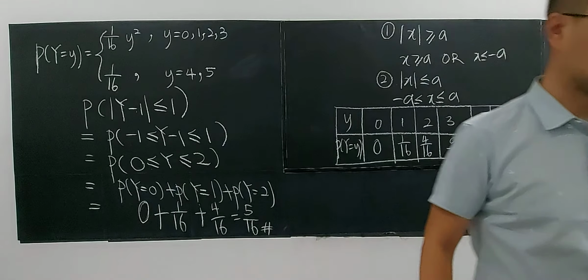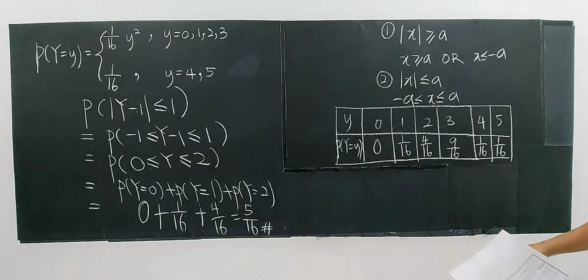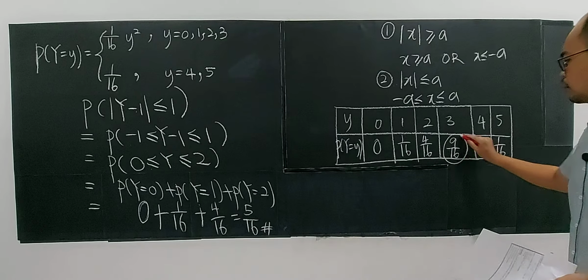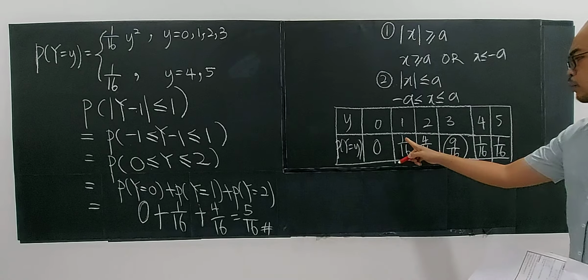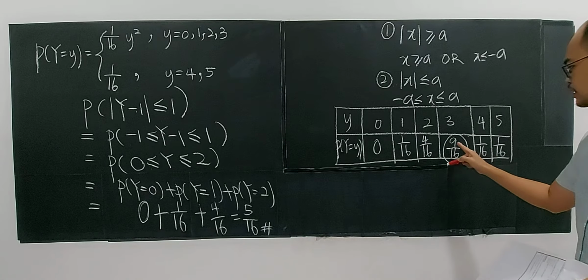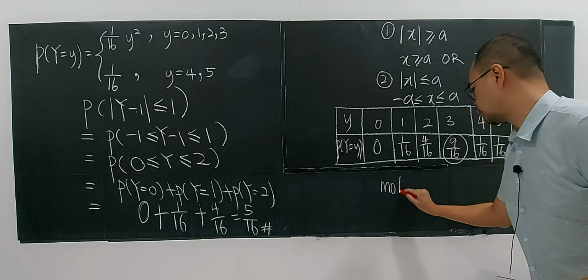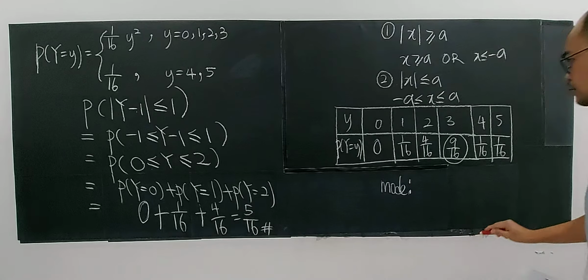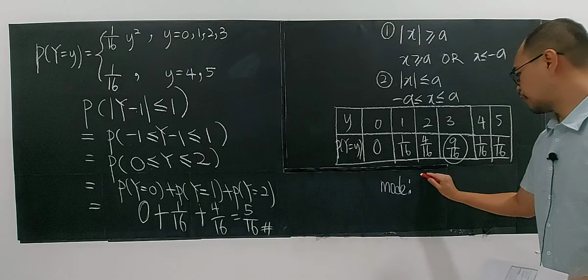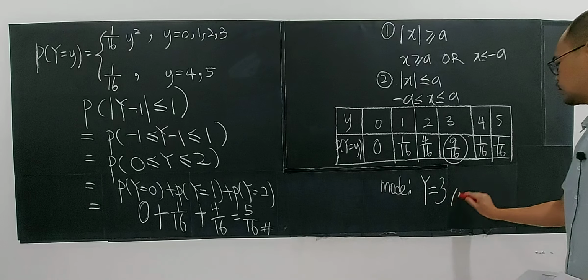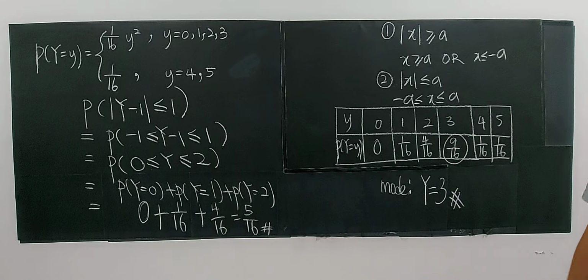Which one has the highest probability here? 9 over 16 is the highest, compared with 1, 4, 1, 1. So the mode for this case will be the value of the discrete random variable y equals to 3. So this will be your mode for this question. As easy as that. So that's all for this question.